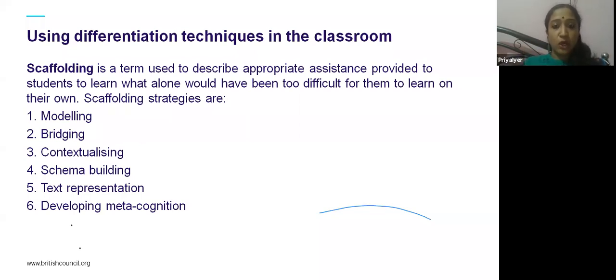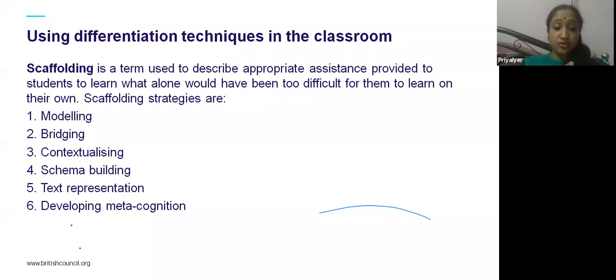That's when you use the modeling technique. Bridging is when new concepts need to be built, like Vishwajit mentioned in the chat, building on previous knowledge and understanding of the students and weaving new information into their existing structures. So bridging from what is known to what is not known.